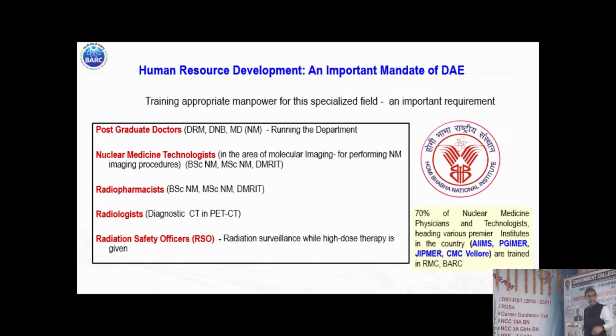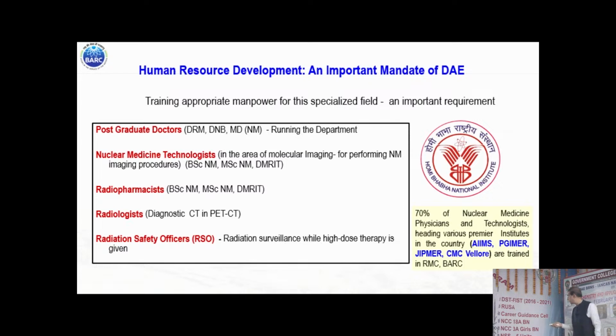You need an RSO also, Radiation Safety Officer, if you want to use some radioactive preparation in your facility. So these are the different types of courses offered by the Department of Atomic Energy, either at BARC or in Tata Memorial Hospitals.